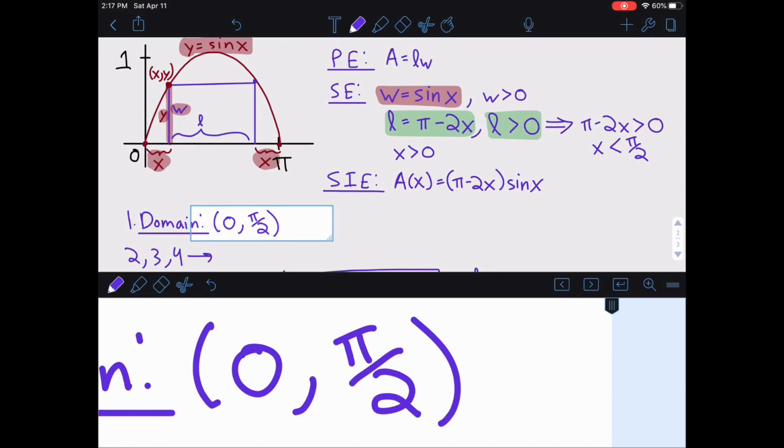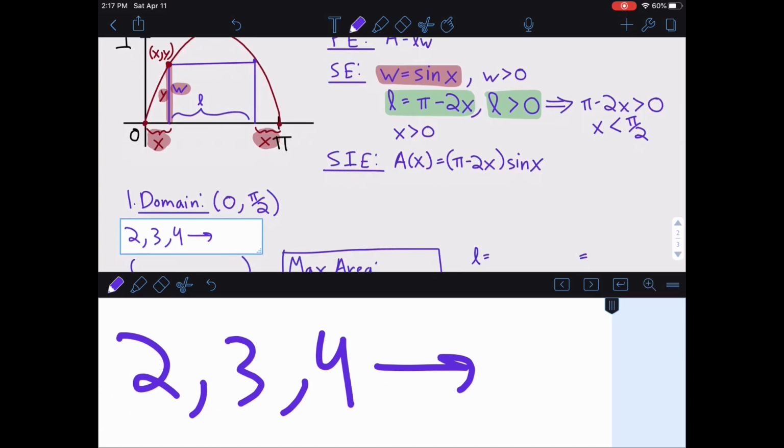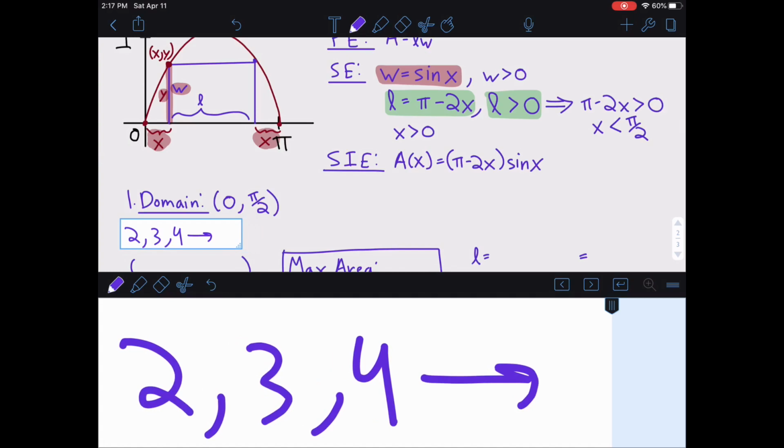All right? And now I want to show you how to do this sort of question on a graphing calculator. Okay? So let's say I asked you to find this, what is the largest area that we can have? So what you would do, and this is what we're going to do now, steps 2, 3, and 4, if this was a graphing calc question, you would do all of these steps on the graphing calculator.